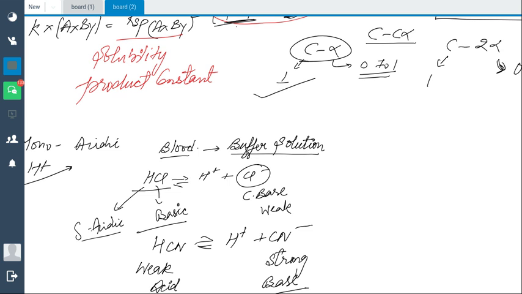See, buffer capacity is the capacity of an individual buffer. Okay. And when you talk about buffer index, basically, see, I tell you this part.